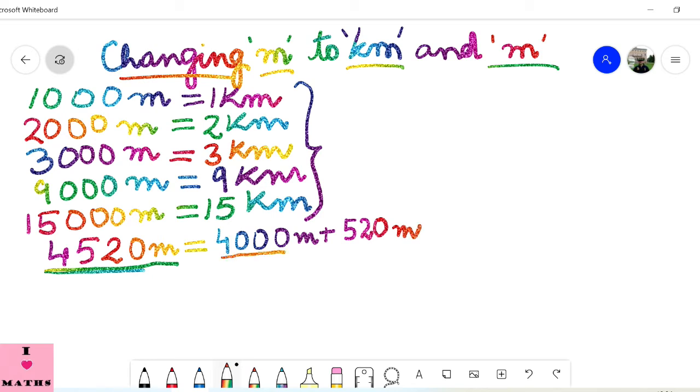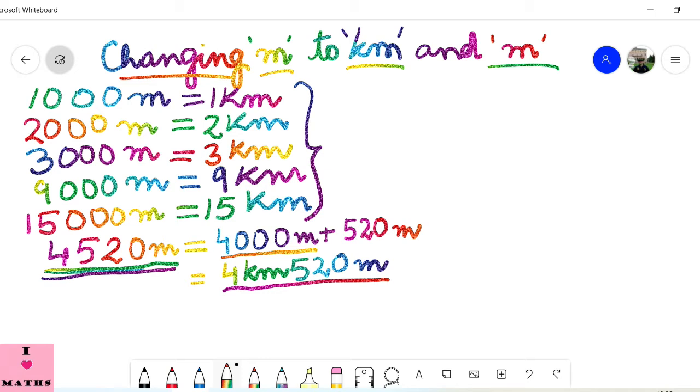Now children, 4000 meters is equal to 4 kilometers and 520 meters is the extra distance. So 4520 meters is 4 kilometers 520 meters.